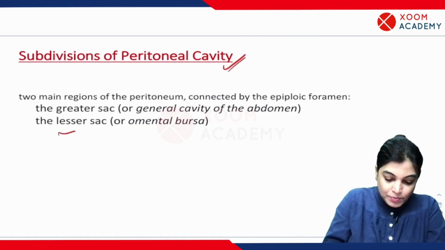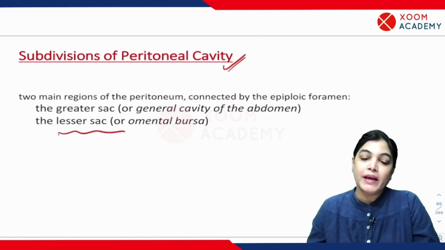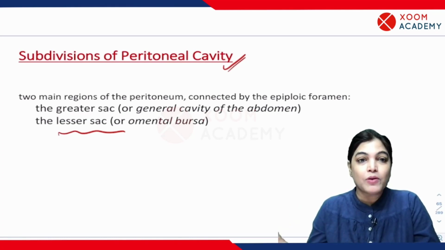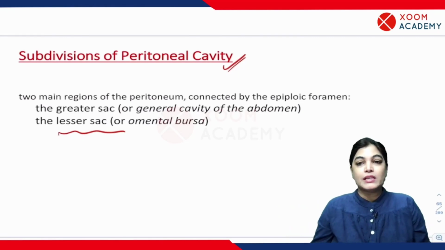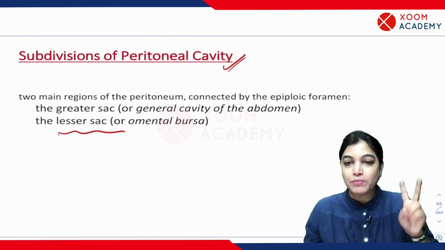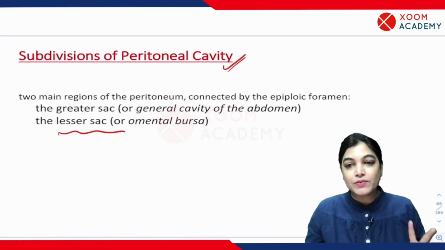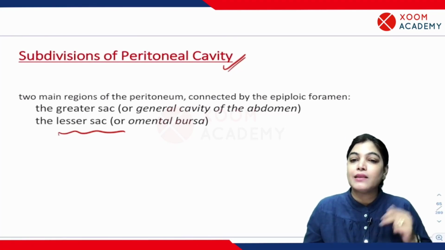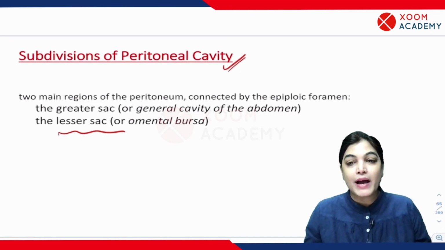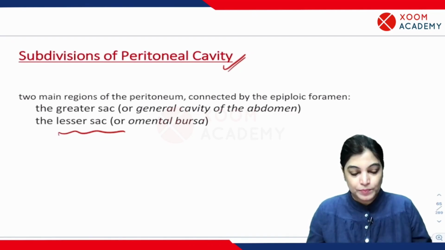And there is another space, which is considered to be the diverticulum of the greater sac, lying posterior to the stomach, and that space is called the lesser sac. That means the peritoneal cavity is subdivided into the greater and the lesser sac. These two sacs communicate with each other via the foramen of Winslow.